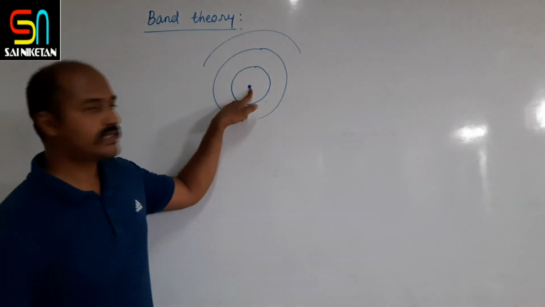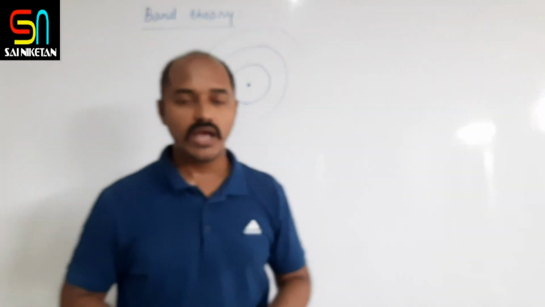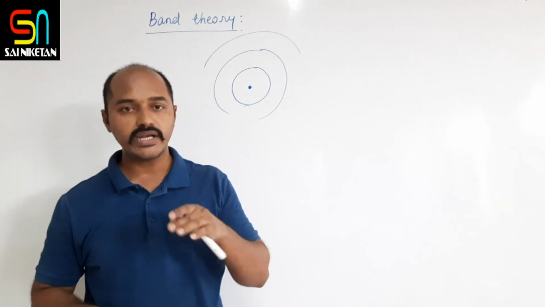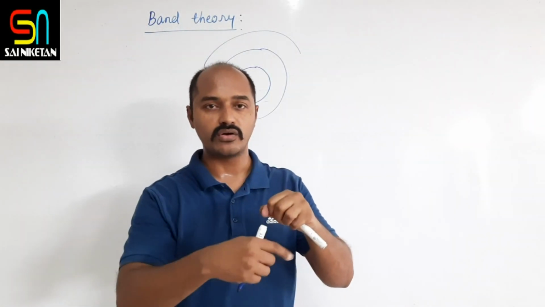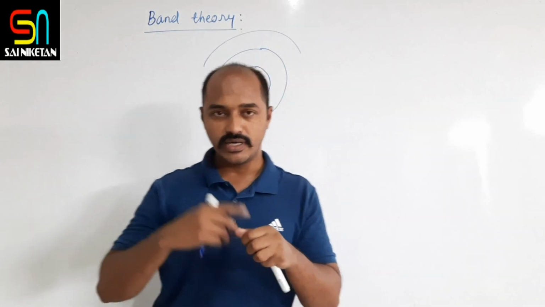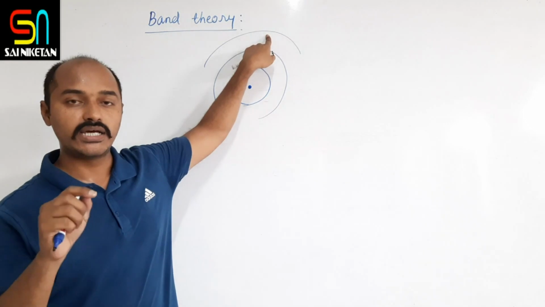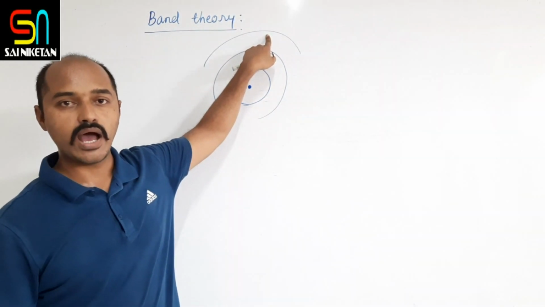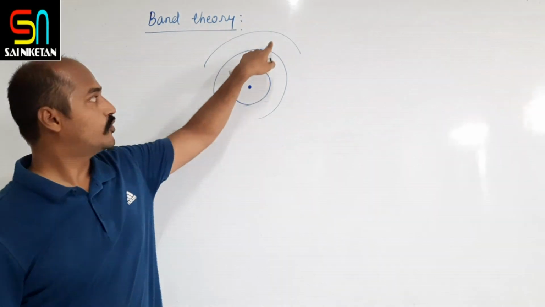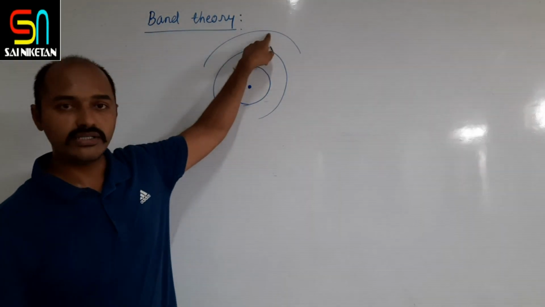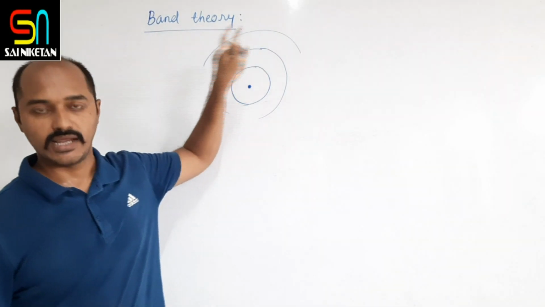It is the nucleus, and the first orbit of the electron, second orbit and third orbit, we can say. Orbits are according to the energy level of electrons revolving around the nucleus. If you take an electron in the outermost orbit, its energy is very high compared to the first orbit, right? So the electron in this orbit has very high energy compared to this and this electron.